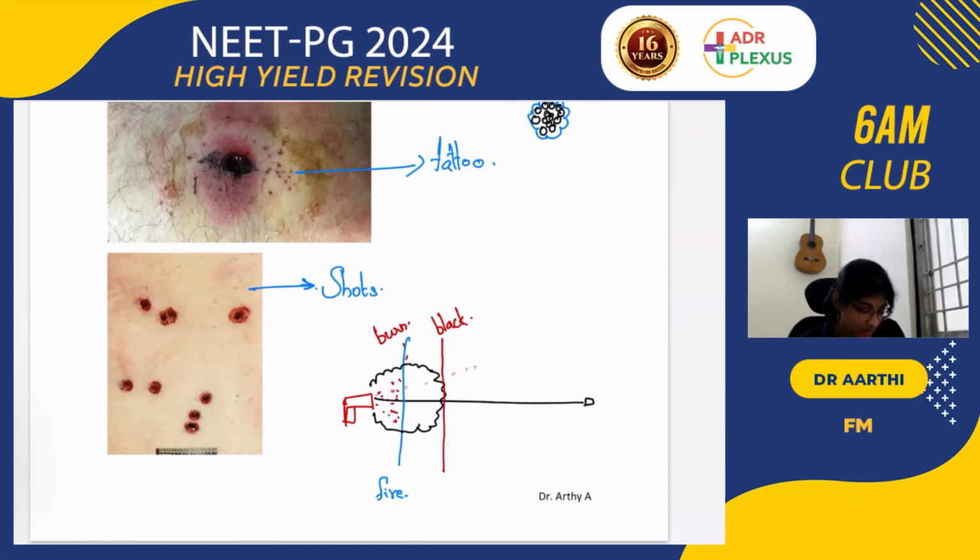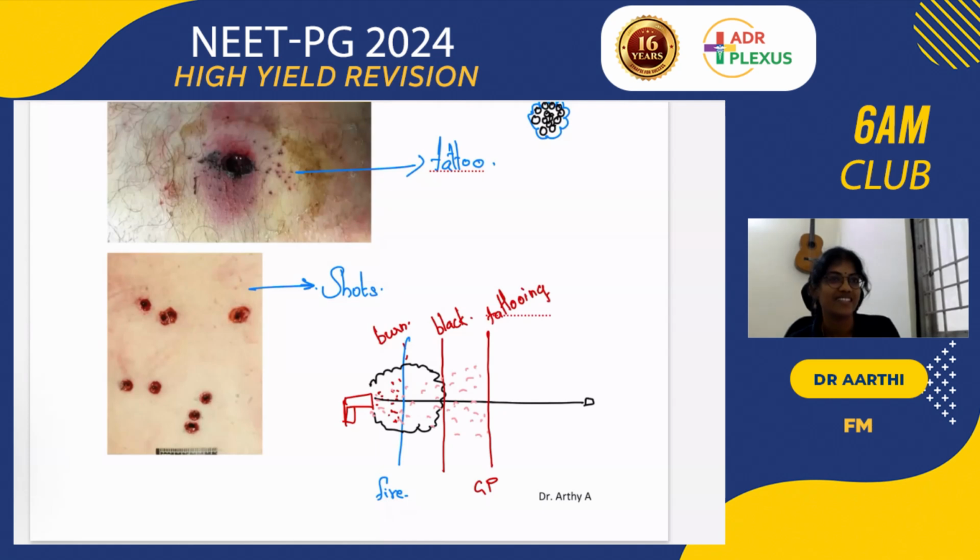Your unburnt gunpowder. See, these gunpowders are very small, but still, even a sand has some mass. So when they have a mass, they are going to travel, right? Some velocity. The gunpowder which travels is going to produce your tattooing. Now, this is the tattooing that you're seeing over here.